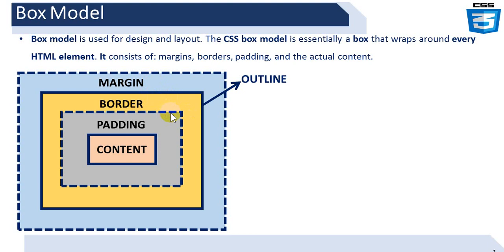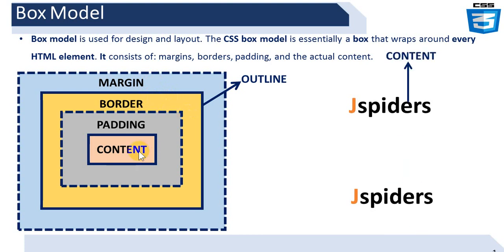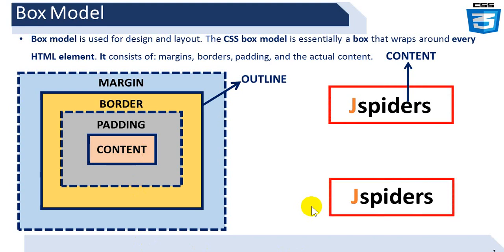If you observe the example here, you will understand clearly. We have something called JSpiders. JSpiders is my content, and it is surrounded by red color. The red color is the border.